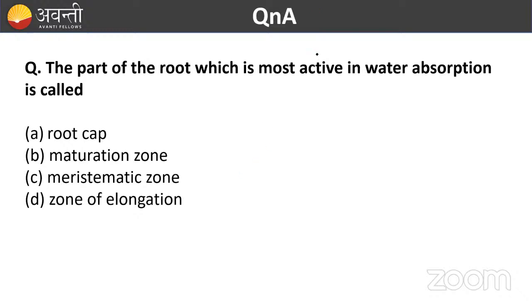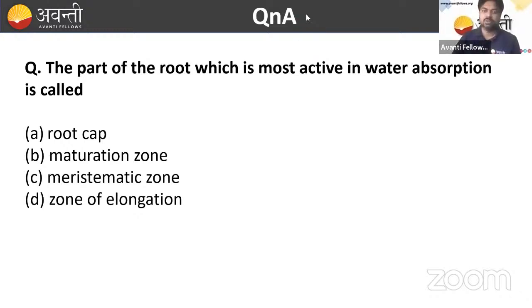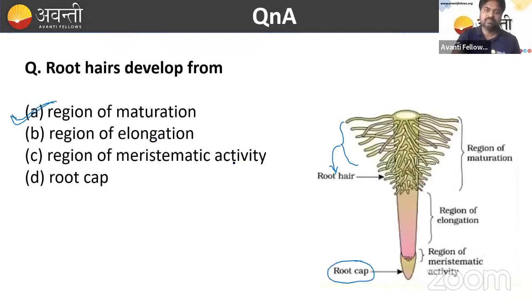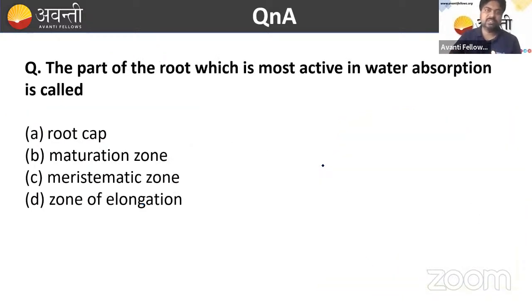Okay, I ended the poll. Here is the result. The maximum people answered option B, and option B is the correct one. We already discussed in the last slide the region of maturation. The region of maturation contains root hair, and root hair is the portion that absorbs water properly. So the maturation zone is the correct answer here.